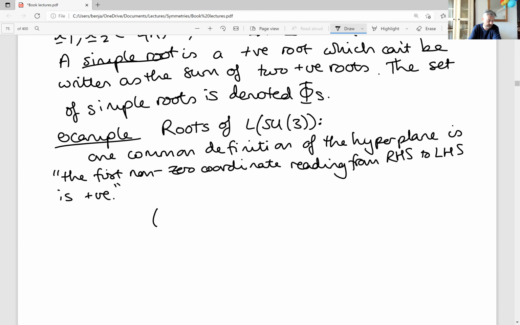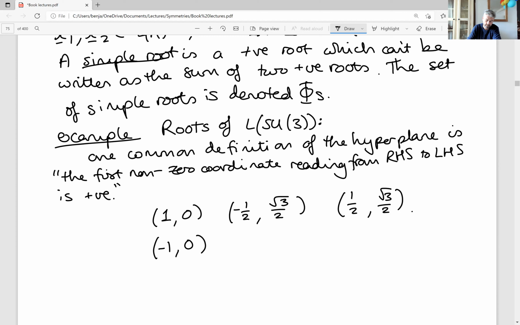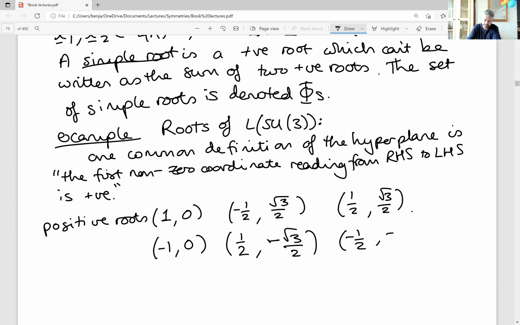And the rank of SU3 is 2, so we have the following roots. So if I look at the definition of this hyperplane, I find that the top 3 are positive roots. And we have the following. These are negative roots.